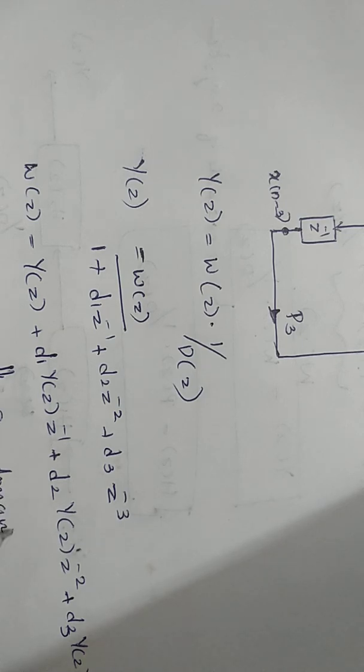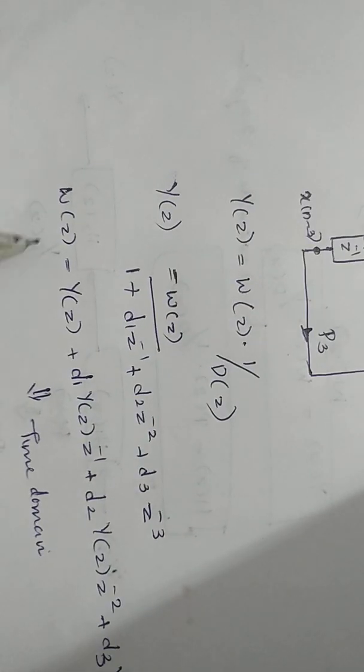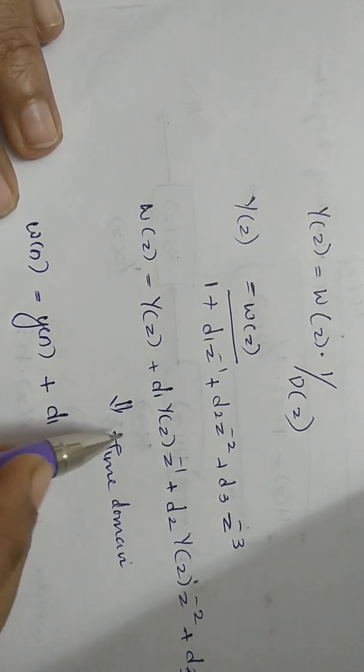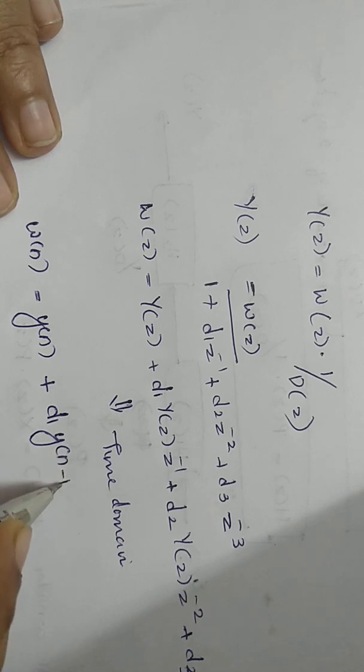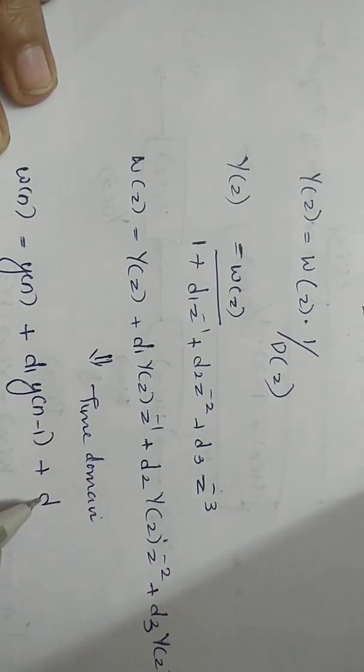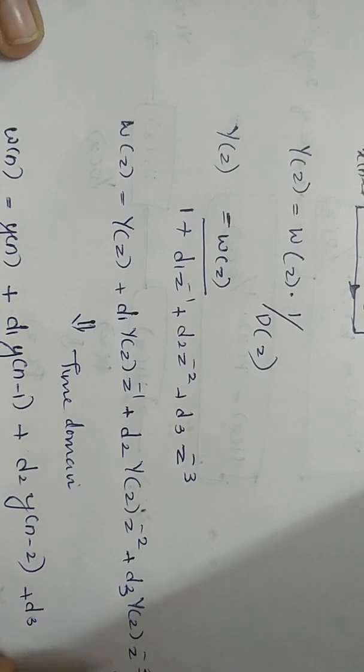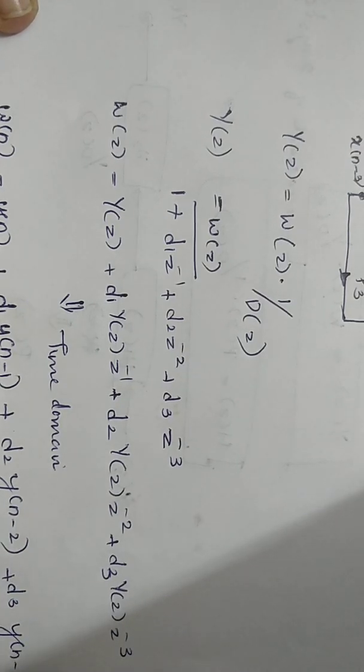The equation will become w of n, which is equal to y of n plus d1 into y of n minus 1 plus d2 into y of n minus 2 plus d3 into y of n minus 3.